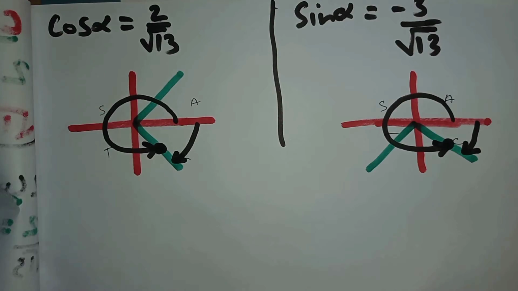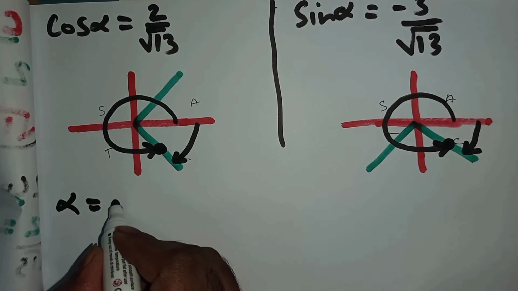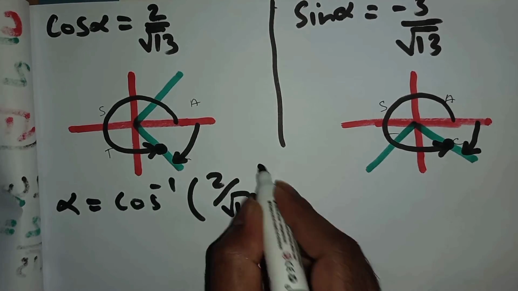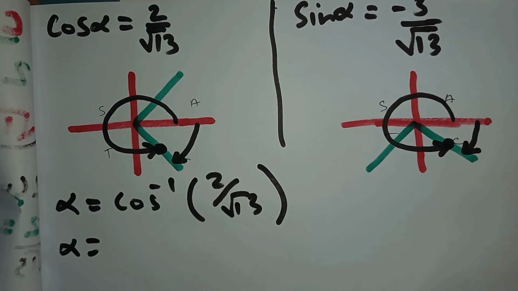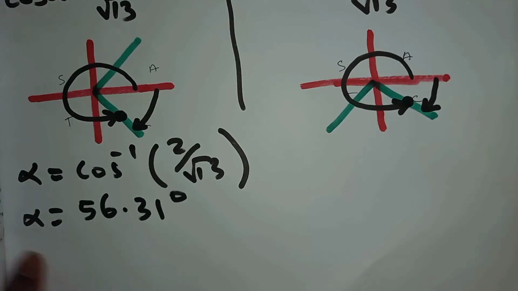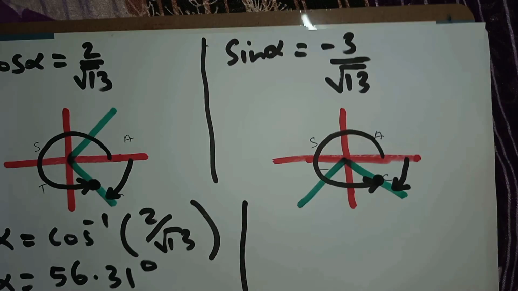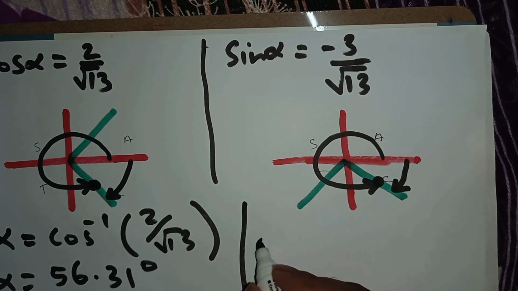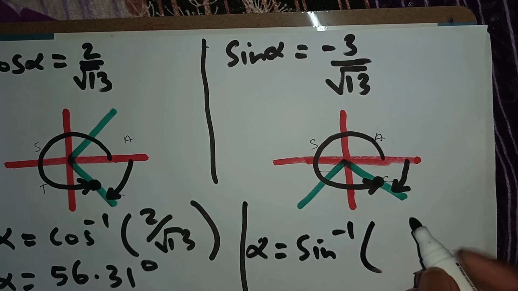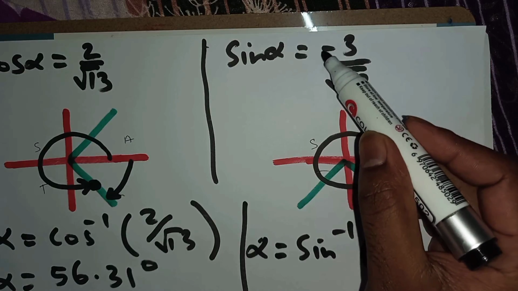So if I find the value of alpha here, this will be basically cos inverse of 2 over root of 30, and if I do that, this comes to 56.31 degrees. Okay, now this side, if I find the value of alpha, it is equal to sine inverse of, now I'm not going to take the negative sign here.